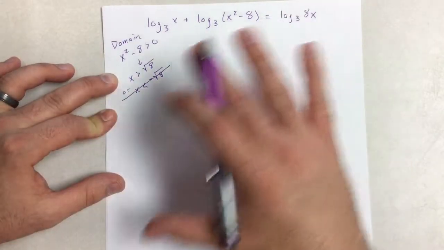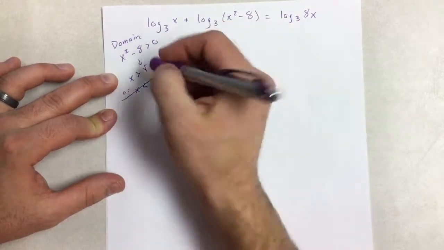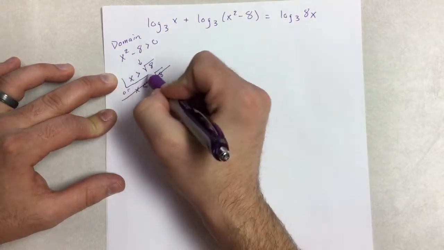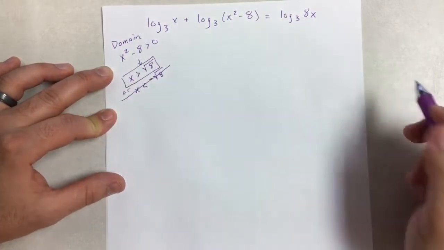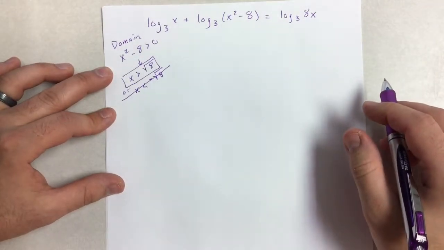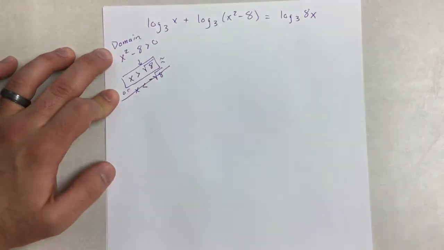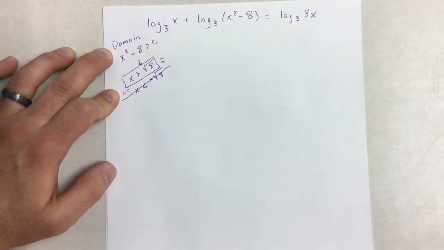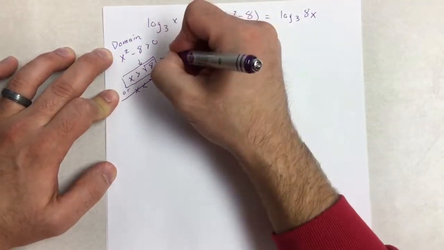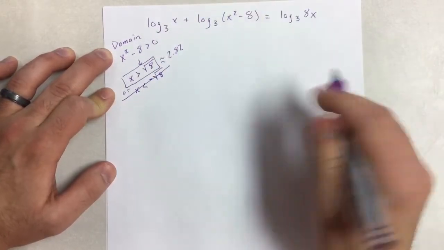So finally, whatever solutions we get, our domain has to be this. Okay? So we'll come back to this. By the way, the square root of 8 is roughly 2.82, just so we have something to refer to.